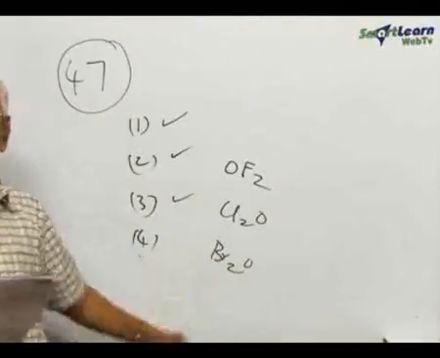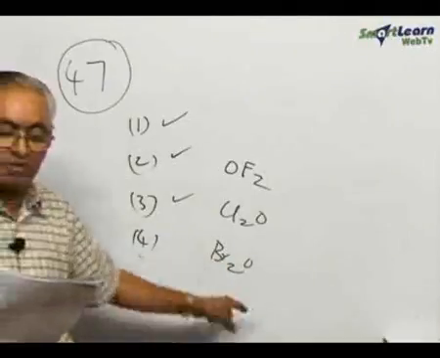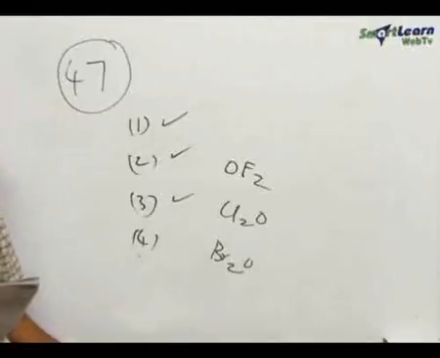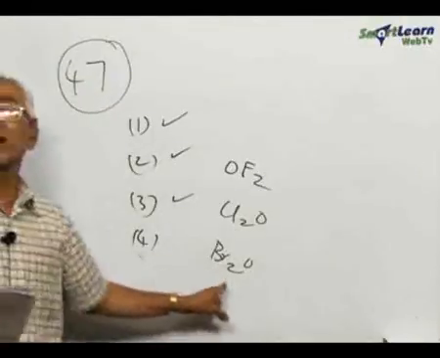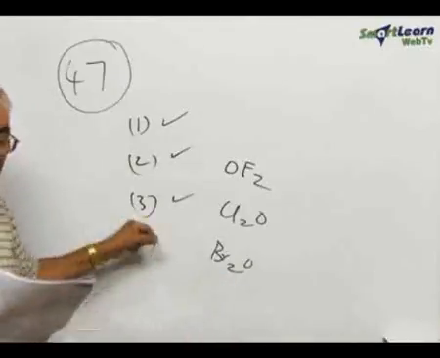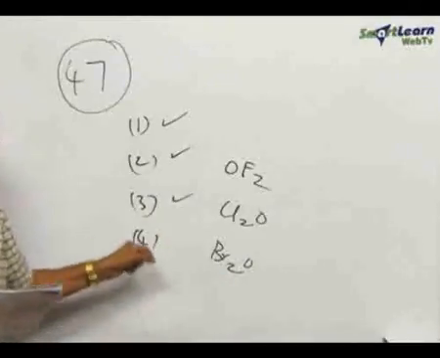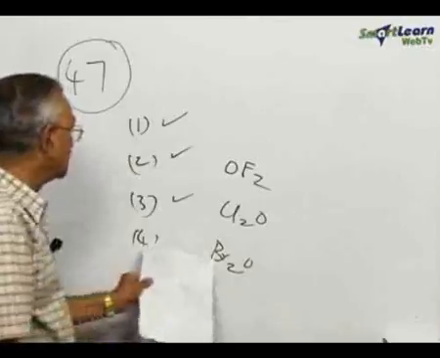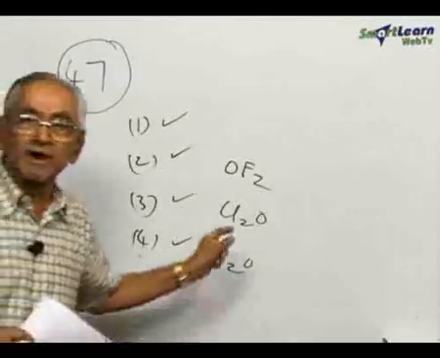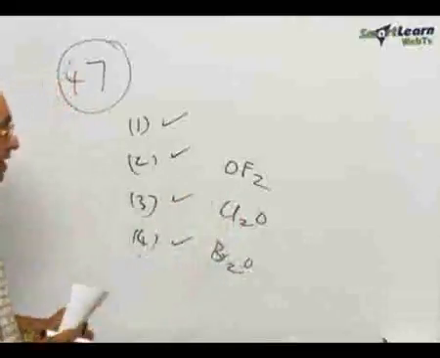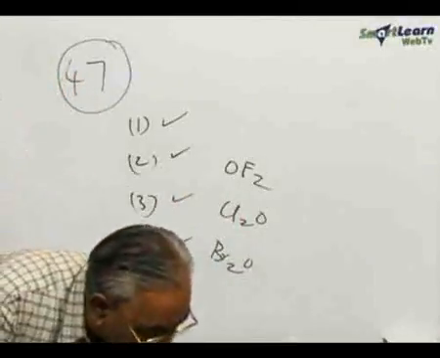The difference between bromine and oxygen is still greater than that between chlorine and oxygen, and therefore the bonding electrons are even closer to oxygen in Br2O. Therefore, the repulsion between the bond pairs is still greater, and the bond angle is greater than 109.28 degrees. In other words, all the 4 statements are correct.